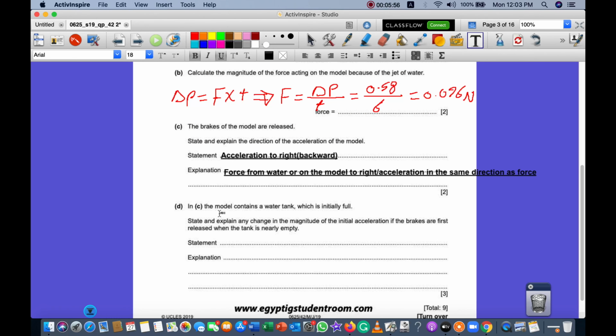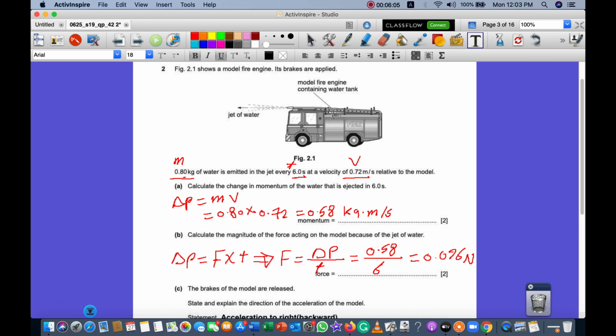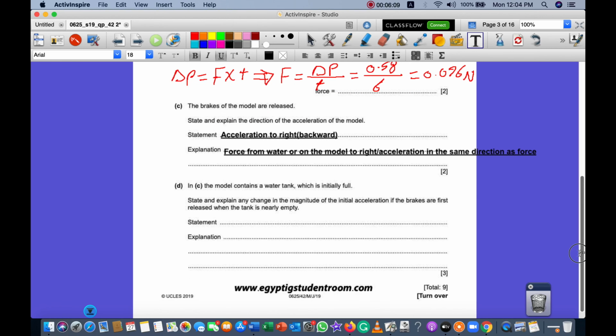D. In C, the model contains a water tank which is initially full. As you see, the water tank is full with water. State and explain any change in the magnitude of the initial acceleration if the brakes are first released when the tank is nearly empty.